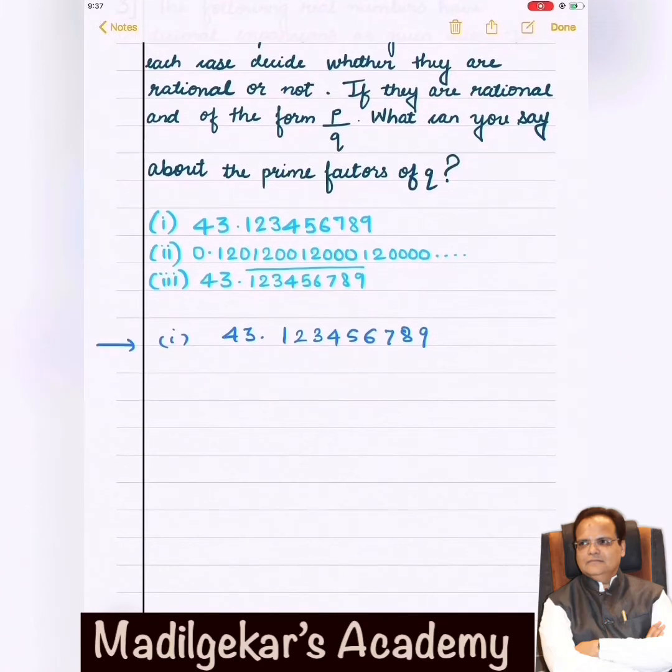It means the given real number terminates after some digits. Means the given number has terminating decimal expansion.